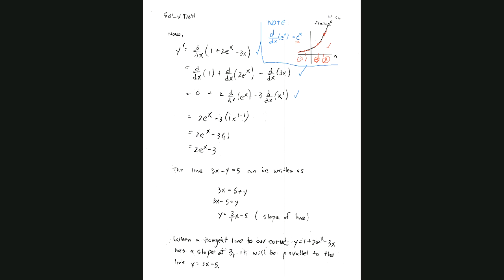So this is why when we take the derivative of e to the x, we can replace it with e to the x. So that's yet another rule. Very cool.